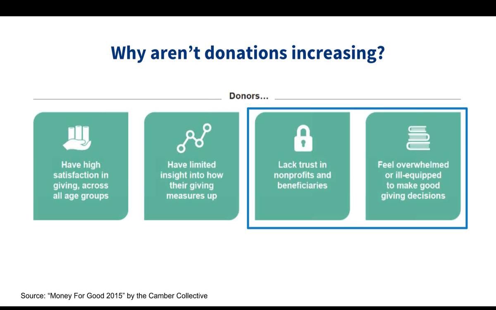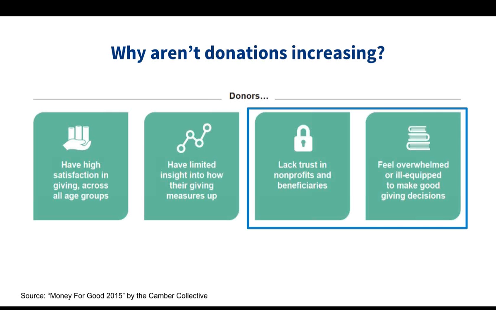But one of those pieces is just looking at why that might be and asking donors directly. So there's a couple of reasons, starting from the left. Folks feel pretty good about the amount they're giving right now, so they're not really wanting to shift that.